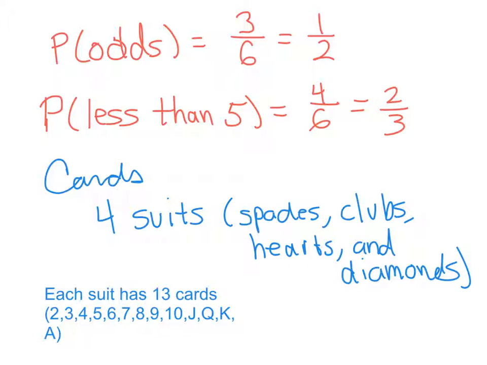And each suit has 13 cards. So it has a 2, 3, 4, 5, 6, 7, 8, 9, 10, Jack, Queen, King, and Ace in every single suit. So those are just some facts about a deck of cards, because then when you do probability with a deck of cards, you'll understand better how many cards it involves.